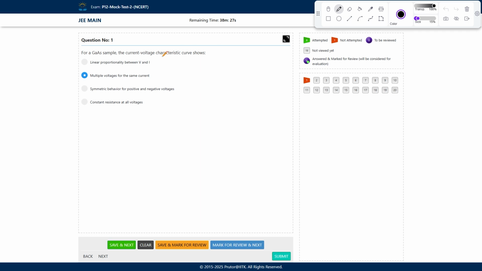Gallium arsenide we discussed specially for non-unique VI characteristics. The graph for gallium arsenide looks like this, with current in this direction and voltage in this direction.